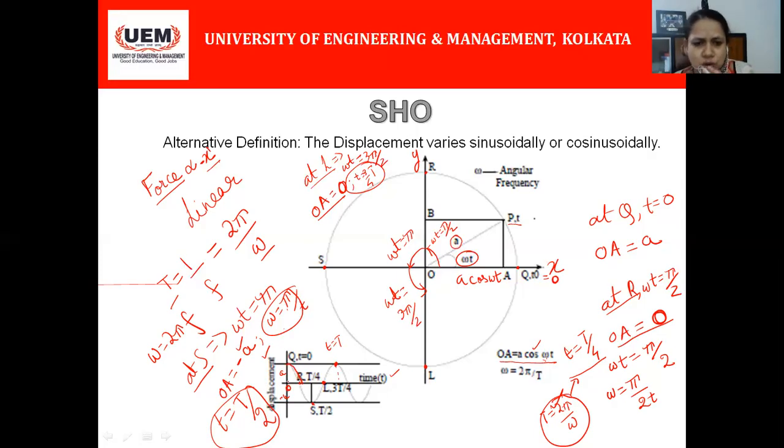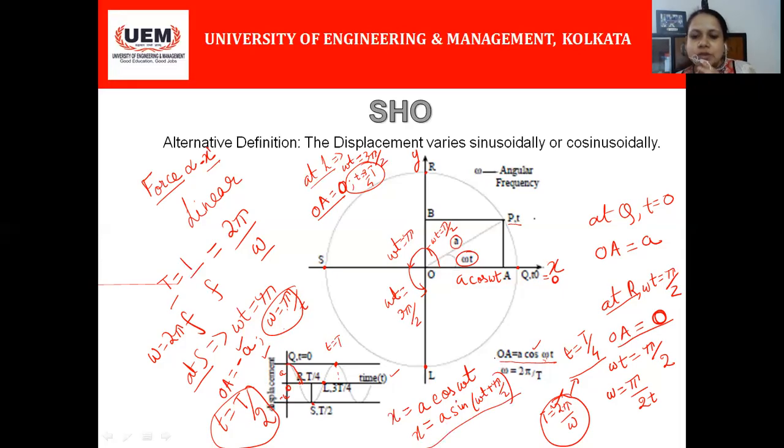And if you look at this curve, you can easily see that if we write the displacement as x, x is equal to A cos omega t. So it is represented by a cos function, or we can write it as a sine function: x is equal to A sine omega t plus pi by 2.